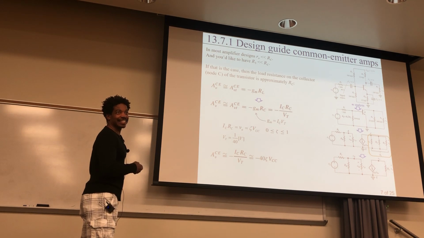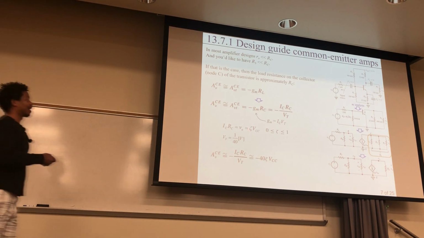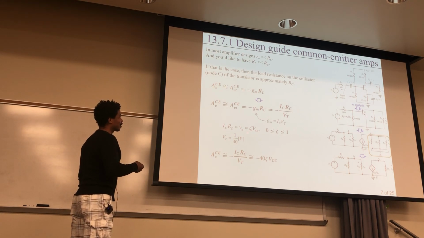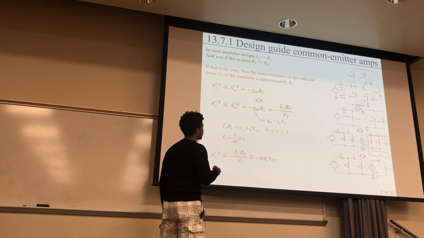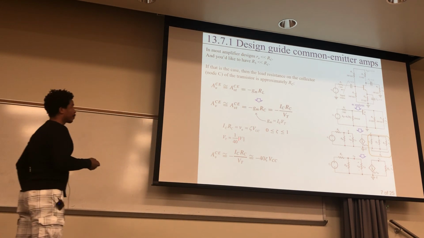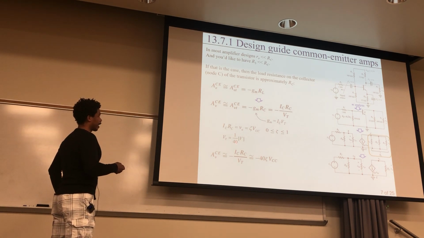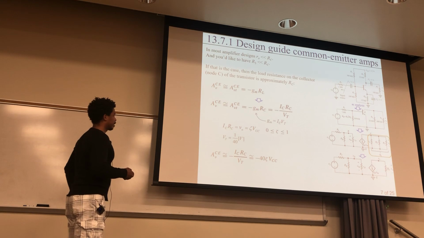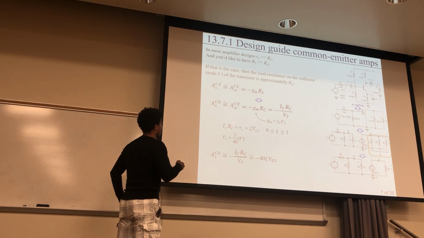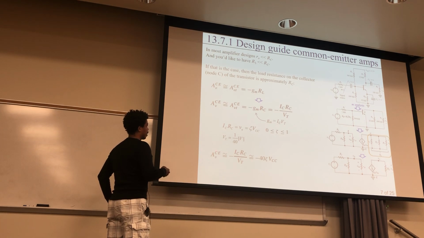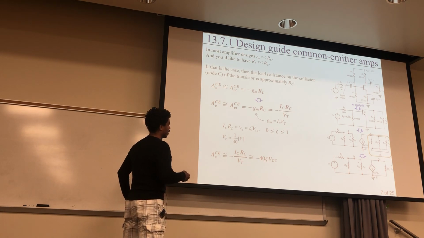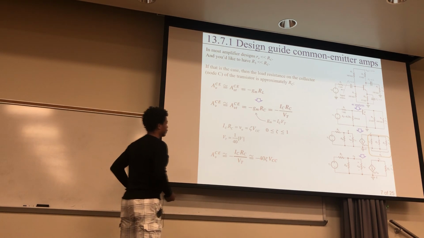No fraternities, sororities? This Greek letter is between 0 and 1. That's the range. Your thermal voltage is 1 over 40, or 25 millivolts. By plugging this value into that, and this into that, you get your overall gain of your transistor, which is negative 40 times the Greek letter times VCC.